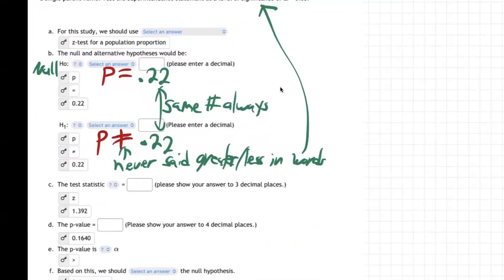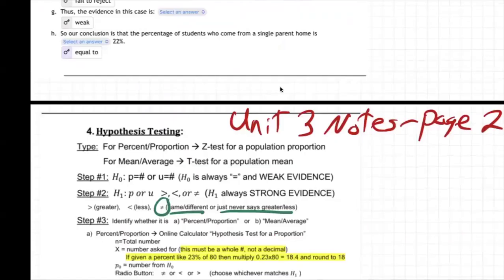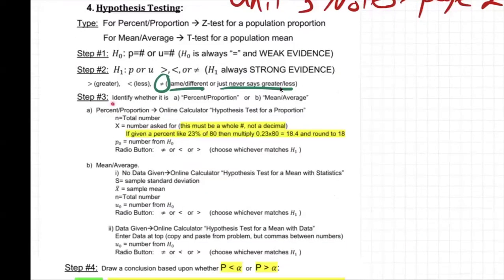Okay, so now it's time to get the test statistic and the p-value. How do we get those? Well, go back to the notes. It says step 3, identify. Again, it's a percentage question.